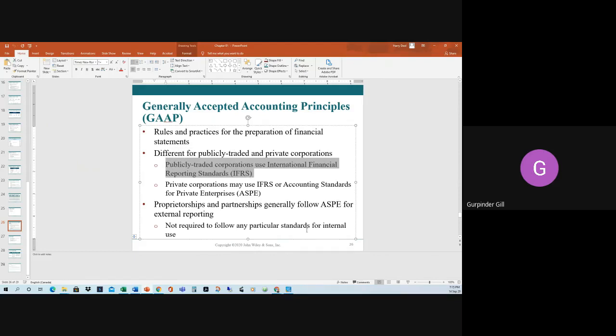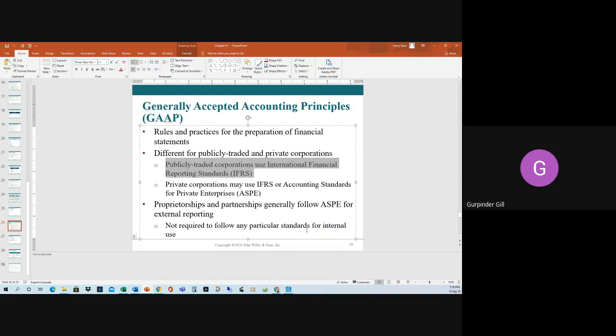Publicly traded companies do not have a choice. They have to follow IFRS. That's why this becomes a little more complicated and expensive. IFRS standards are a bit more complex than the other set of standards. So we do have to consider that cost when we say, let's go public.